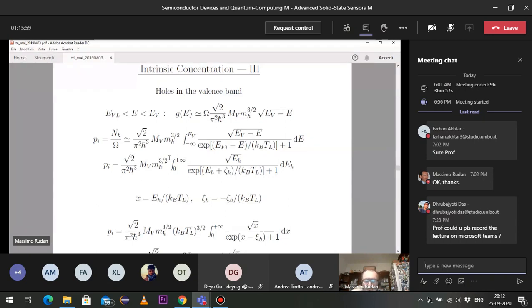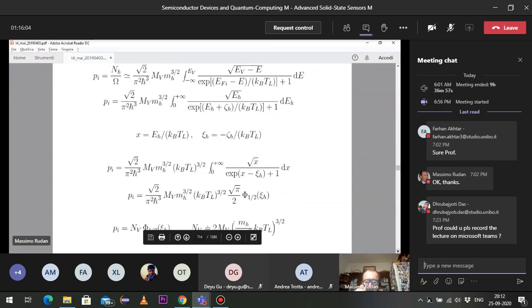So at some point we define the parameter of the Fermi integral as psi h, and this is minus ZH over KT. And if you remember, ZH is the difference in energy between the Fermi level and the upper edge EV of the valence band.